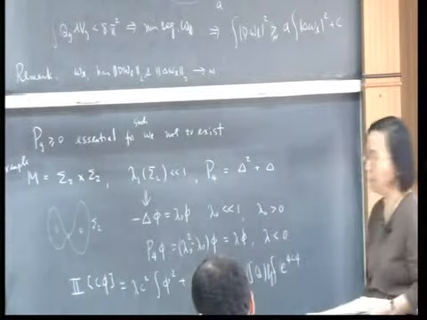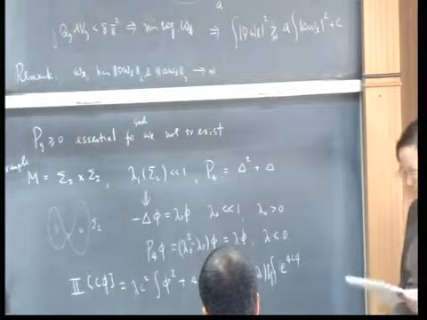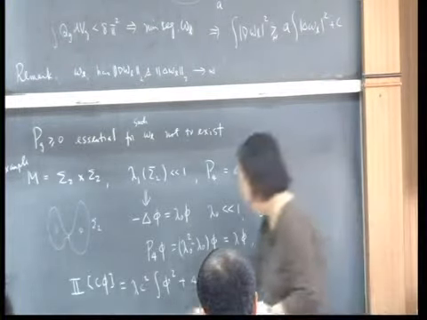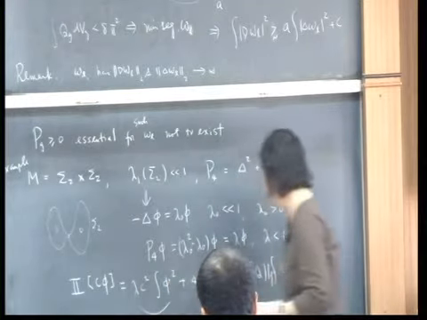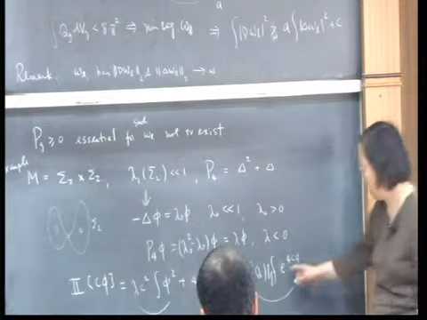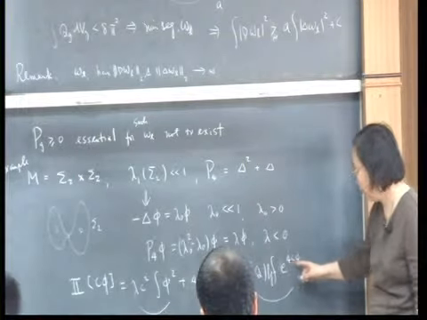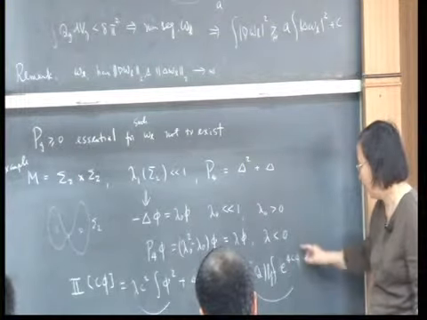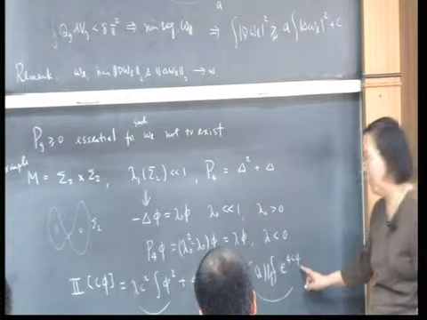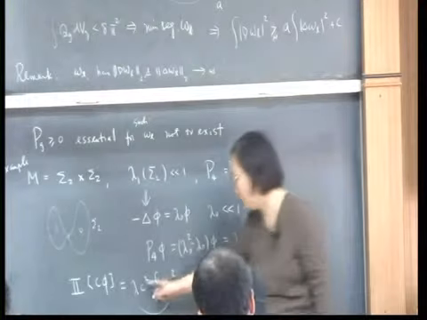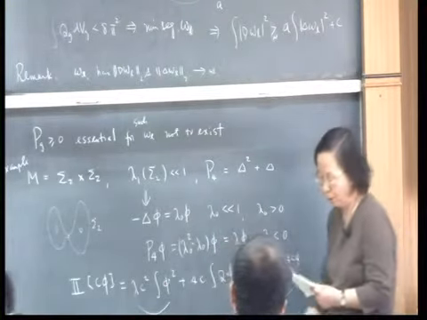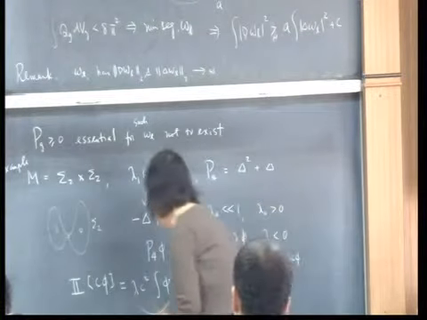I'm just substituting W by c phi. It turns out one compares the order of this term to that term, and here is exponential 4c phi. So it's like e to the 4c phi. The point I want to make is here we have c squared and there we have c. So this is the term which is the dominating term.